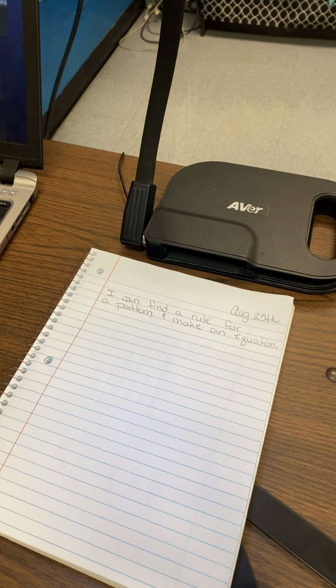All right, so that's going to be our can statement for today. So by the end, hopefully, of our notes, we can find the rule and make an equation.